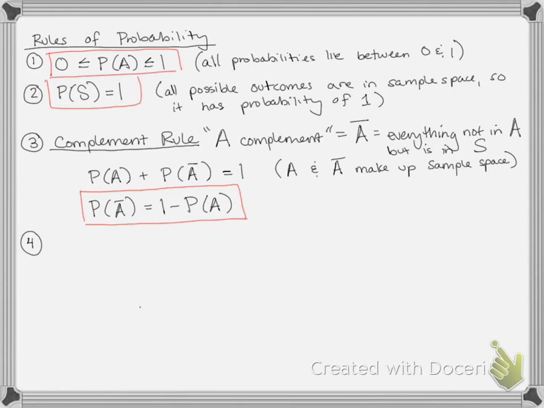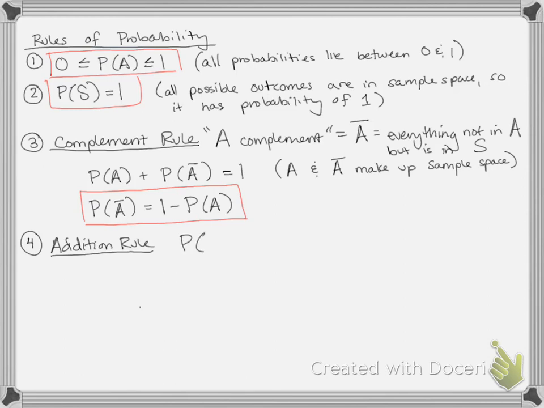We get to see all these rules in class, but it's so important to see them ahead of time and have this potential idea of how they might be used. Rule 4 is the addition rule, where we would say that the probability, and this is very specific to events that have nothing in common, but let me write the rule first.